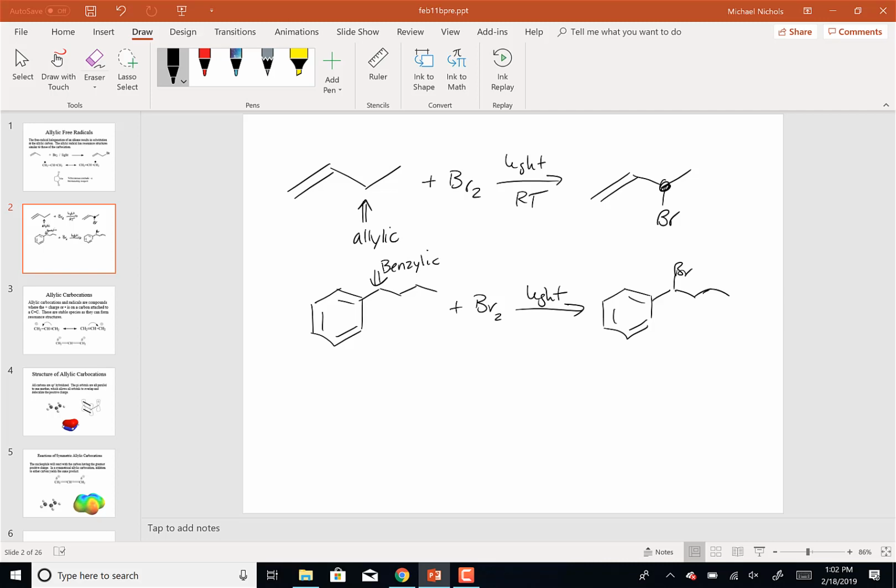The reason for that is the extra stability of the radical at those positions, because of the resonance structures.